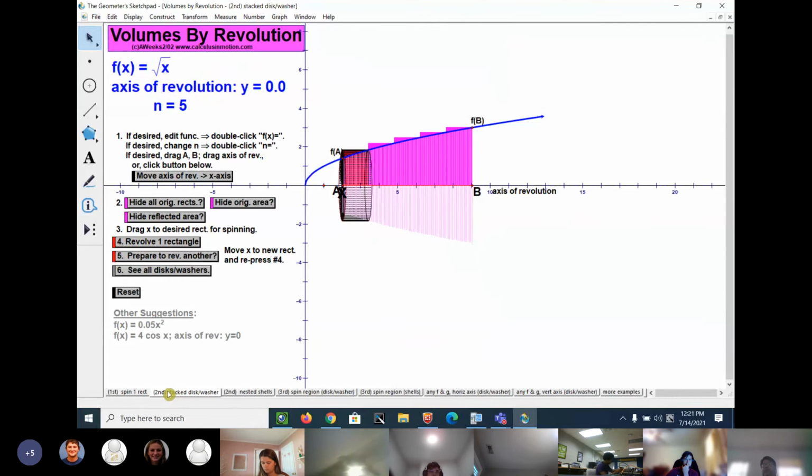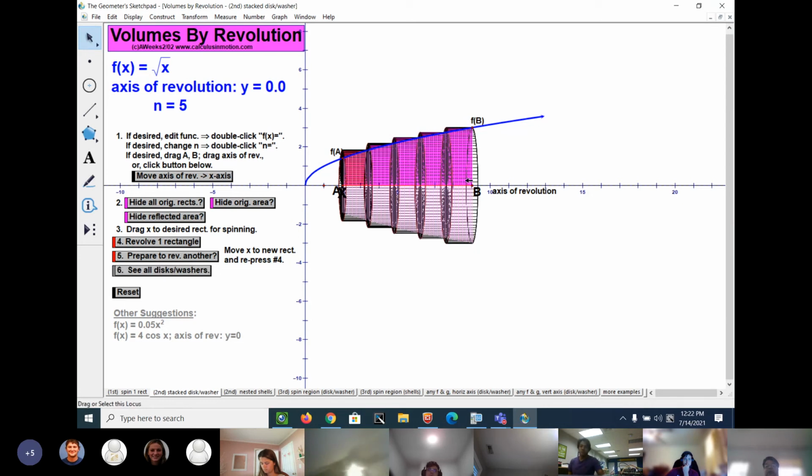Okay, a disk is rotated around the x-axis. And remember, these are disks that are the width of your hair. Now this one's extra wide because we're getting the area from A to B.